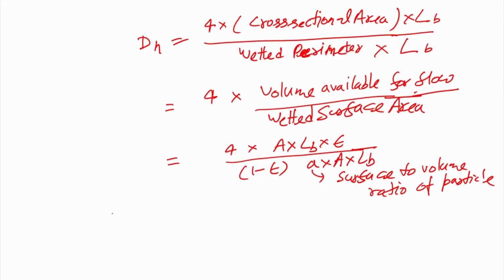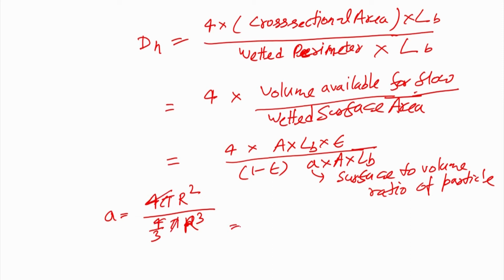Now, this small a is the surface to volume ratio of the particle. If the particle is spherical, the surface area of the particle is 4 pi d square, or 4 pi r square you can say, and the volume of the particle is 4 upon 3 pi r cube, where r is the radius of the solid. So, if you do that, this 4 pi will be cancelled out.